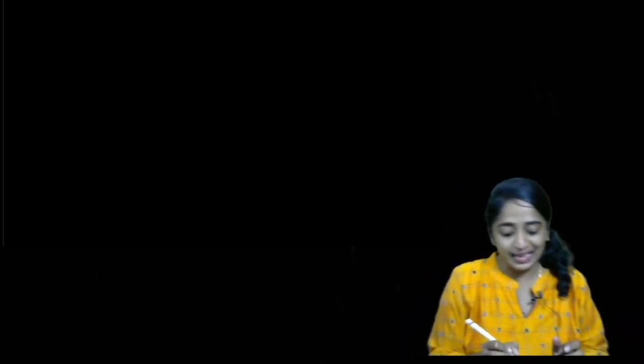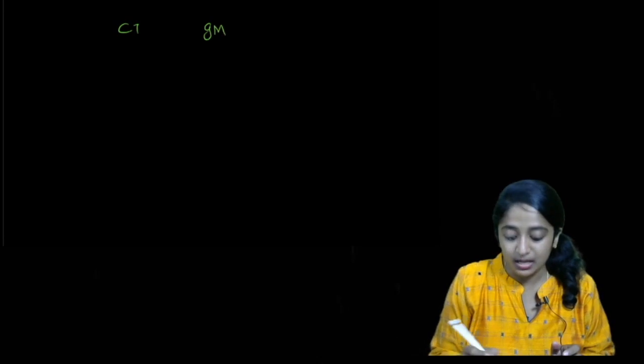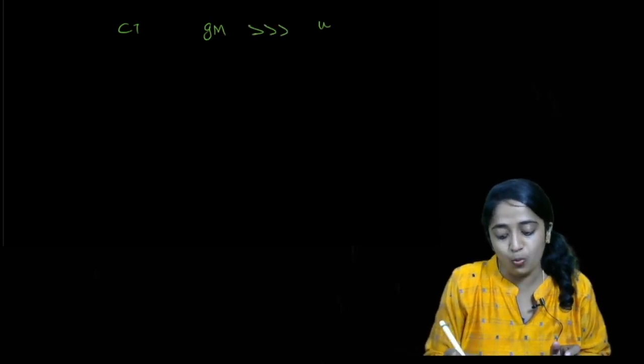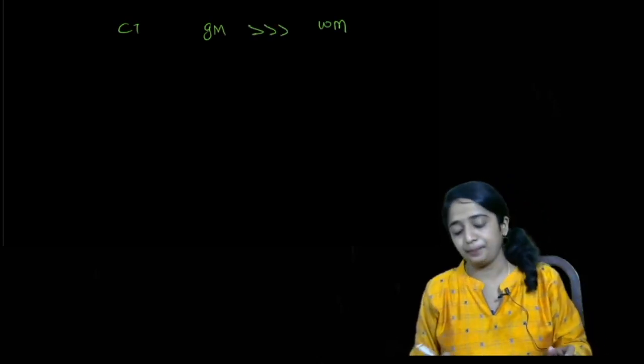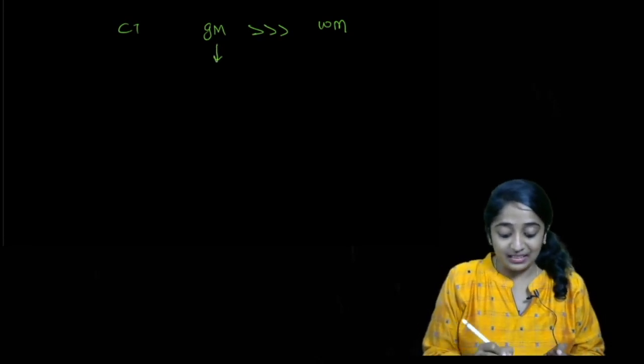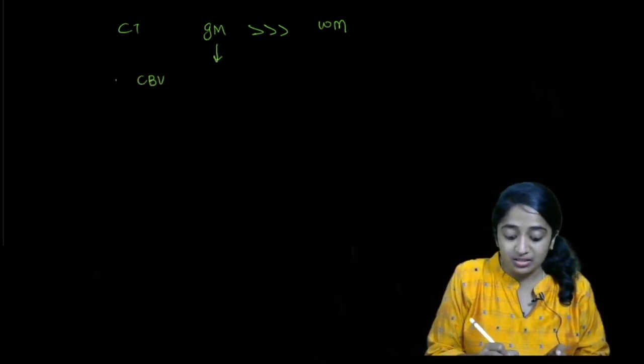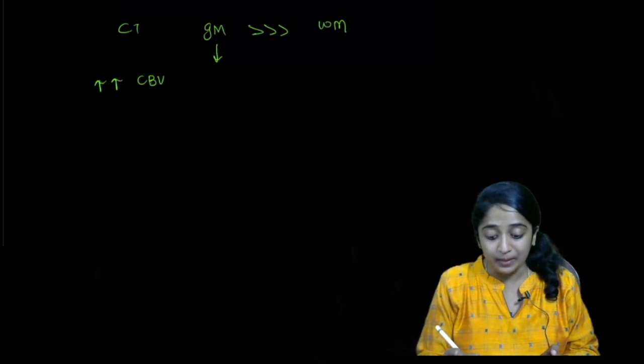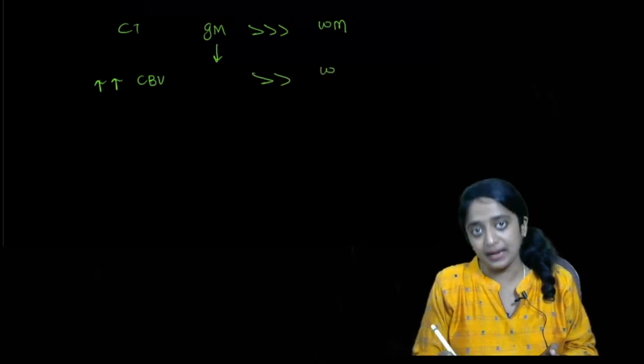We are going to look for the loss of the hyperdensity of the gray matter. As I said, in CT, the gray matter is more hyperdense than white matter. Why? The reason is that the gray matter has greater cerebral blood volume than the white matter.